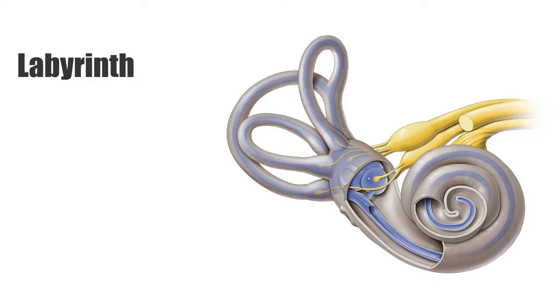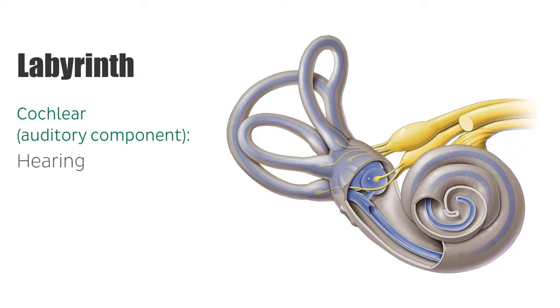The labyrinth is located in the petrous part of the temporal bone and consists of a series of interlinked cavities that can be divided into three general parts. First, we have the cochlear part, which is the auditory component and is concerned with hearing. Then we have the vestibular component, which deals with balance while stationary.